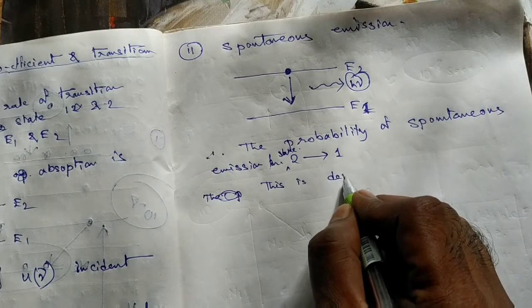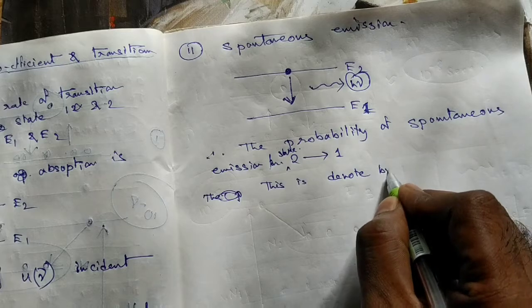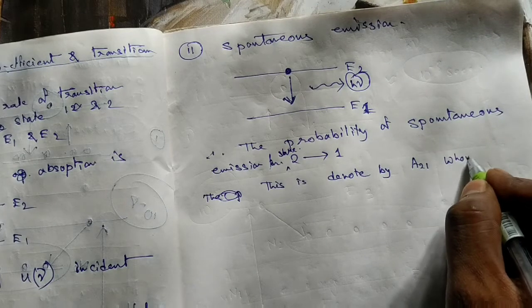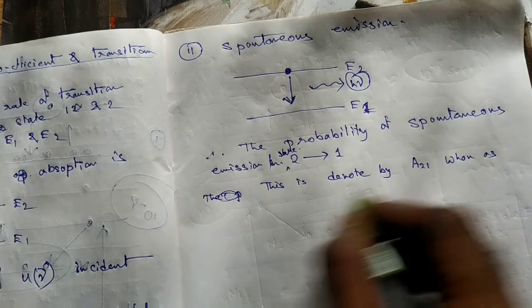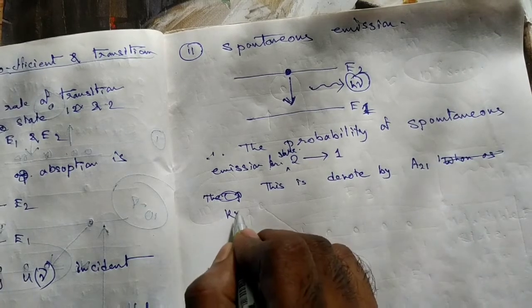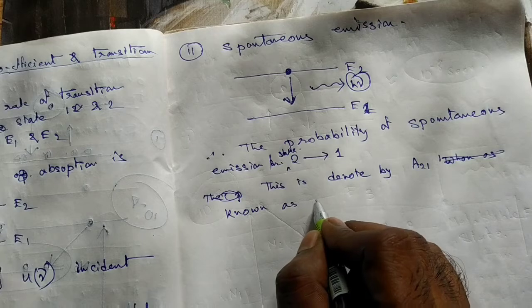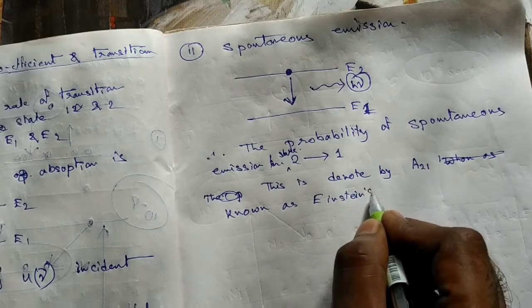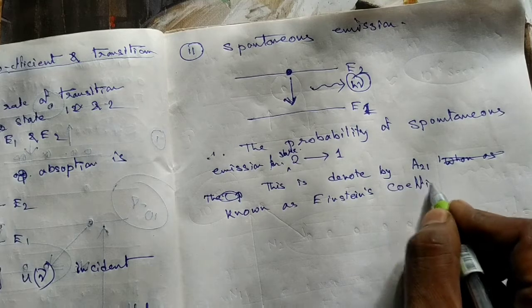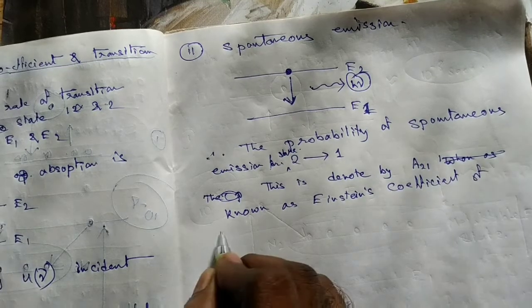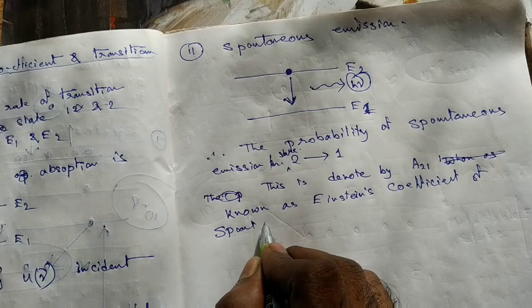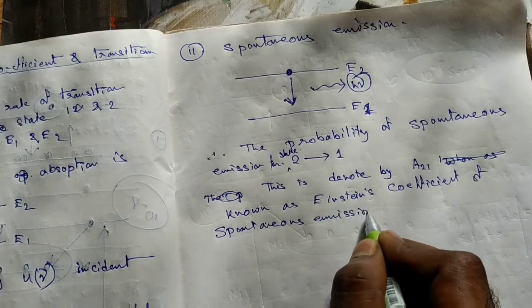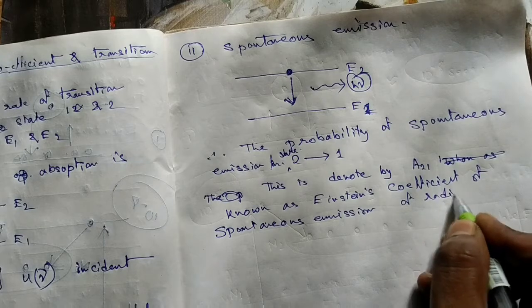is denoted by A21, known as the Einstein coefficient of spontaneous emission of radiation.